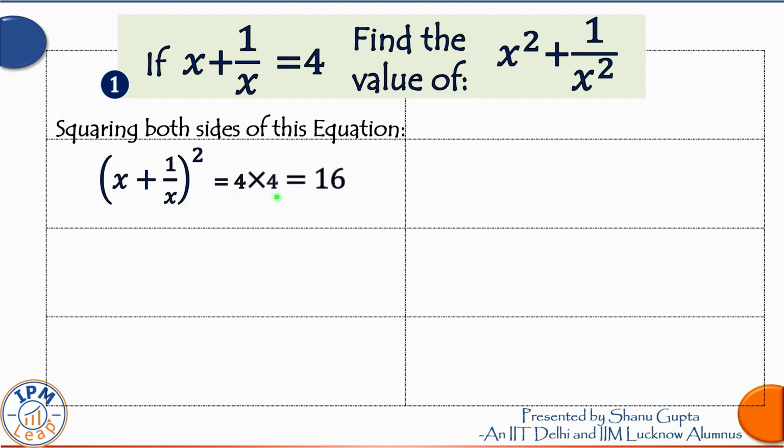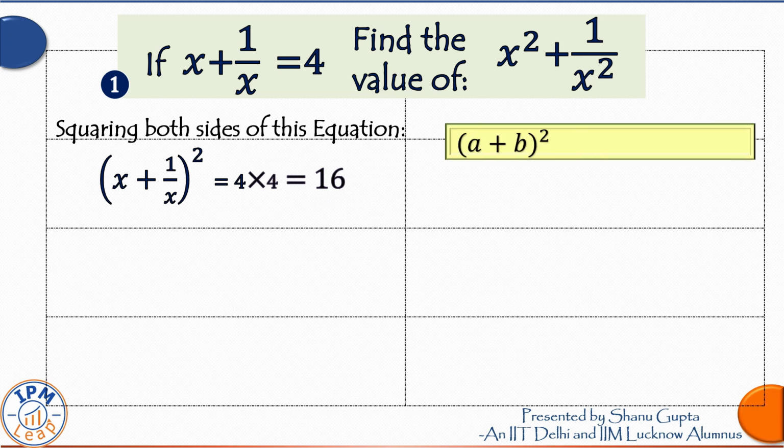Now the left hand side is of the form (a plus b) whole square. So we may apply the algebraic identity (a plus b) whole square is equal to a square plus 2ab plus b square, where a takes the value x and b takes the value 1 by x.